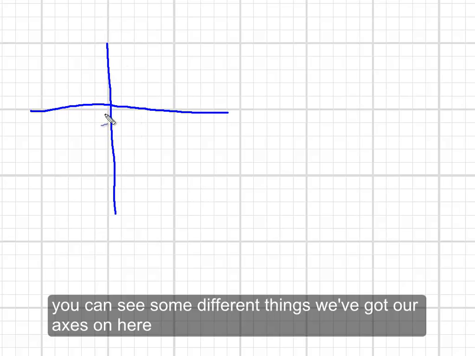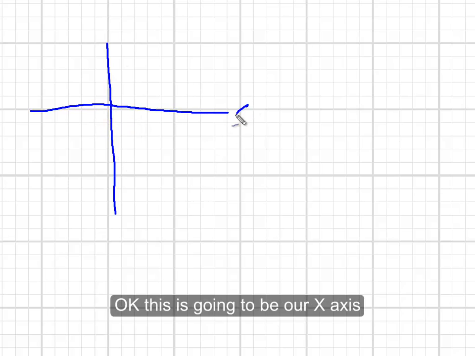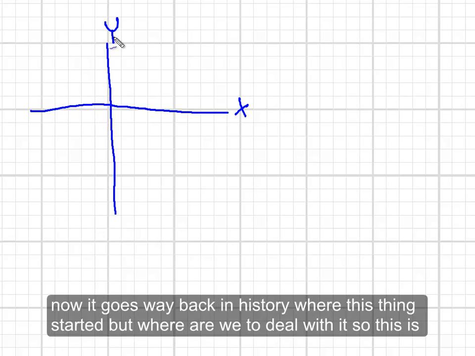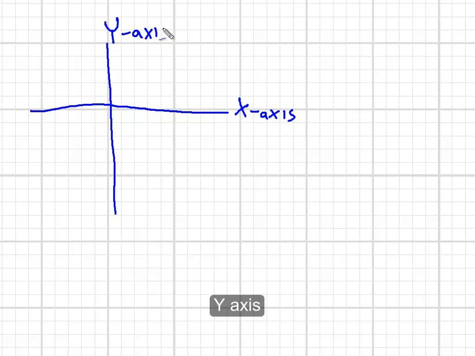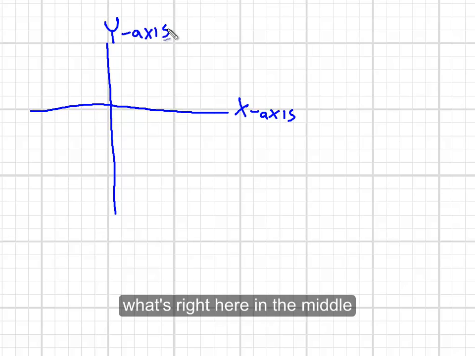We've got our axes on here. This is going to be our x-axis, and that's going to be our y-axis. It goes way back in history where this started, but we have to deal with it. Let's go ahead and label those. Now, what's right here in the middle?